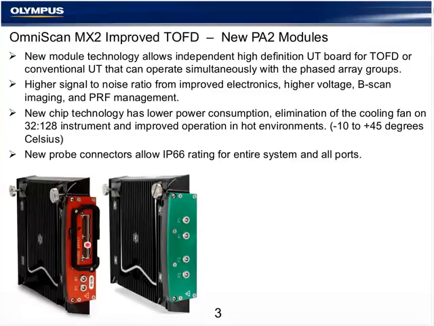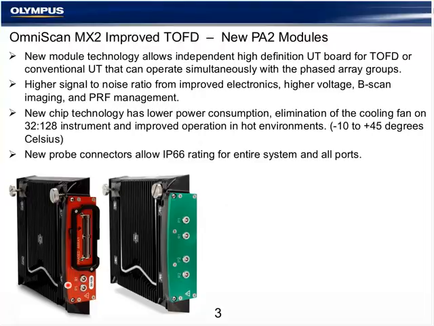Where previous versions of this module only allowed an acquisition either from the phased array or the conventional B and C connectors from the first generation modules, now these two technologies can run simultaneously. And again, a high voltage independent high definition board optimized for TOFD or conventional UT.